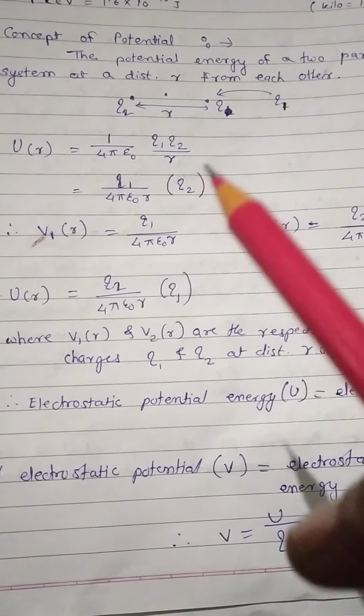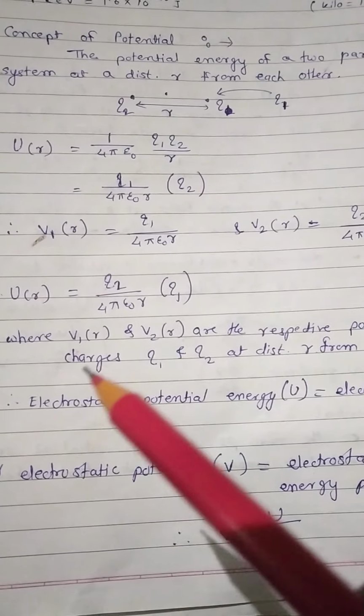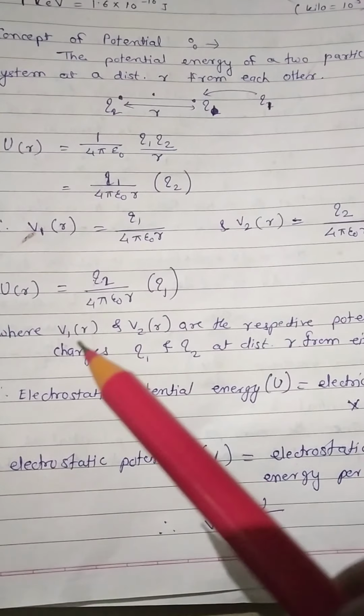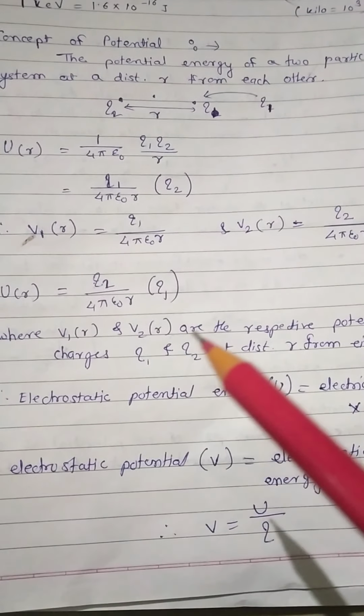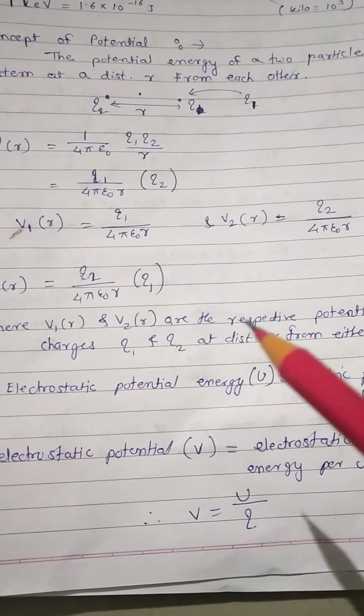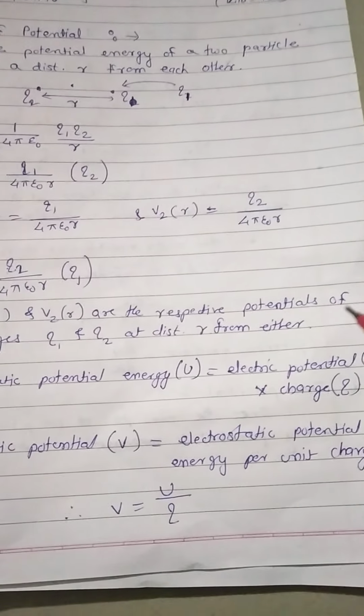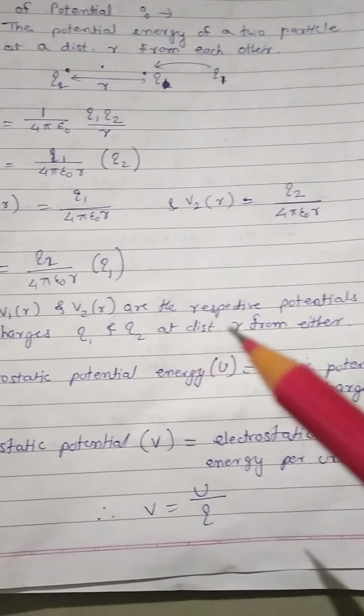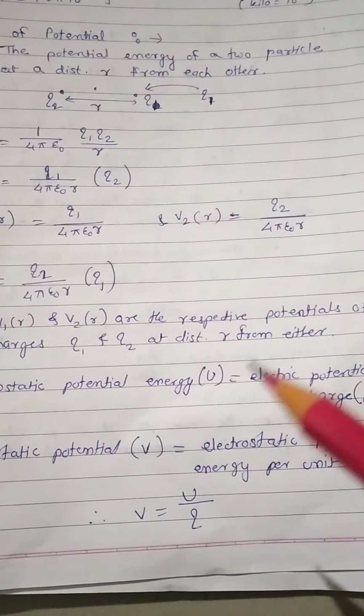This is also the same formula, where V1(R) and V2(R) are the respective potentials of charges Q1 and Q2 at distance R from either.